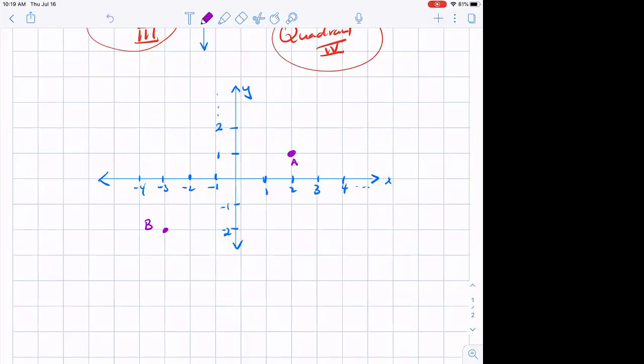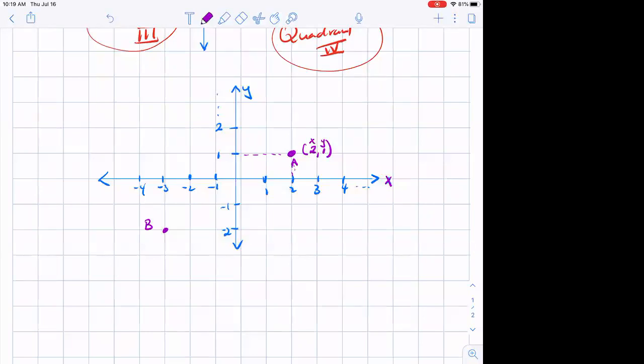Can you be a little bit more specific? 2, 1. Very good. This is the point 2, 1. The first number always read off the x-axis, okay? And the second number always read off the y. So you're 2 on the x and 1 on the y, okay?